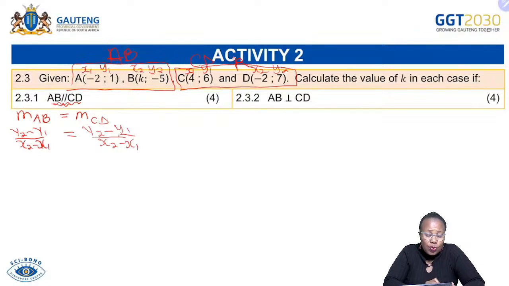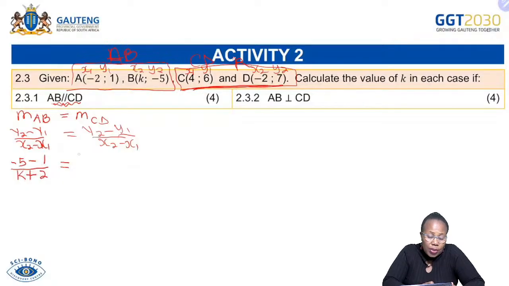Now let's substitute AB. Our y2 is -5. Our y1 is 1. Our x2 is k. Our x1 is -2. Then it will be minus from the formula and the minus from 2, then that is +2. On the right-hand side, we now go for CD coordinates.